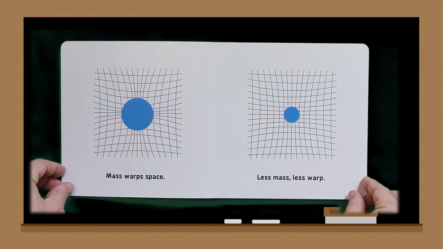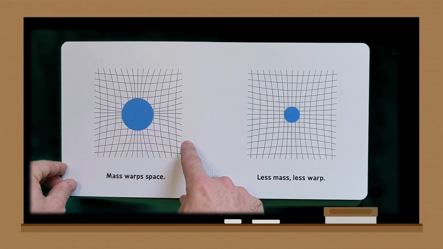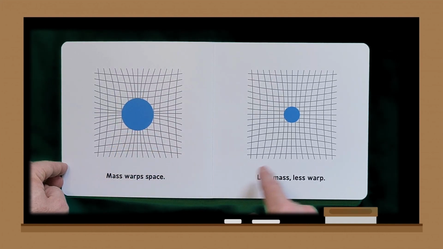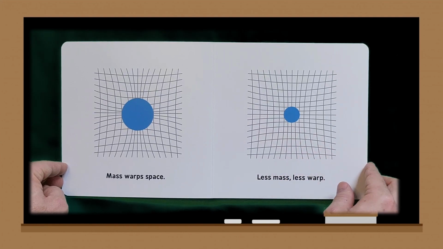Mass warps space. Less mass, less warp. See how the more mass in the ball makes all the lines warp more? And less mass, less warp.